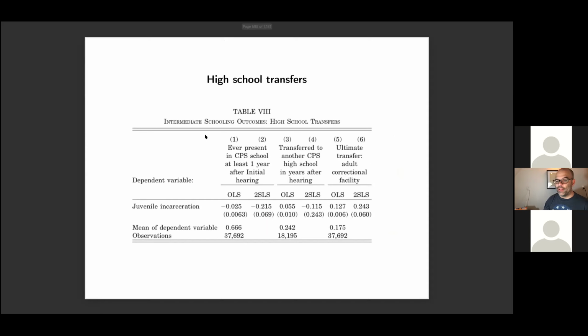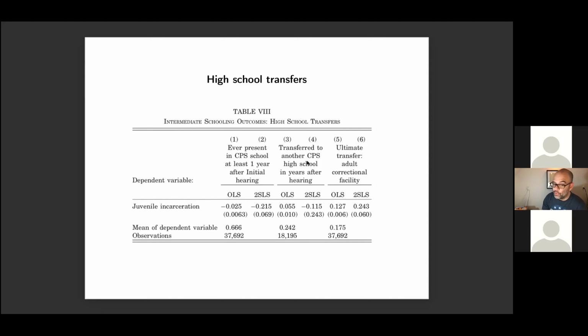Now, why are they not finishing high school? Look at this. Are they ever present in the Chicago public schools a year later? 21.5% less likely to show up. Now look at this. OLS, it's only 2, so this is actually 10 times larger than OLS.